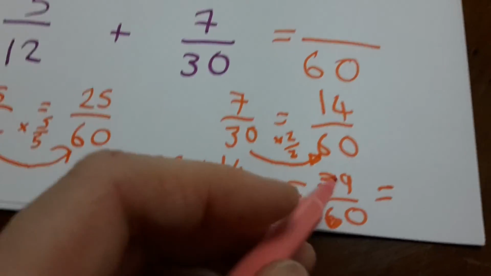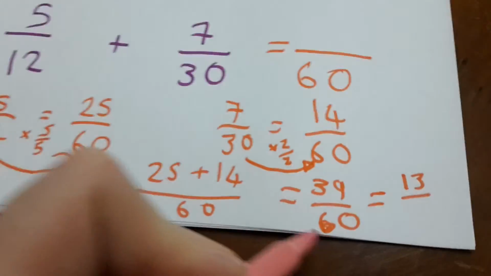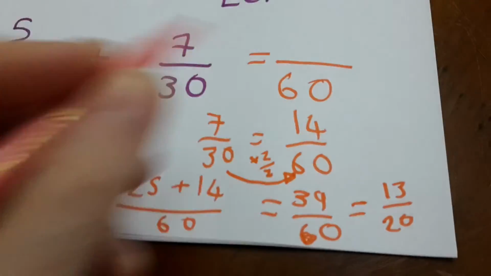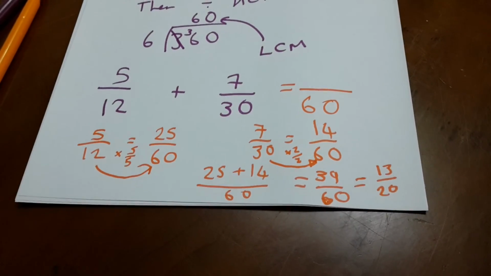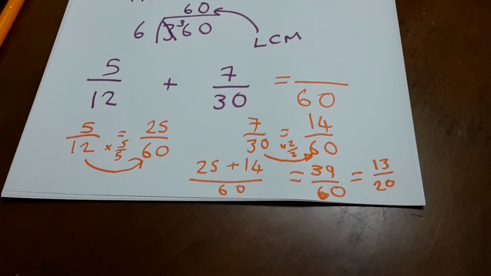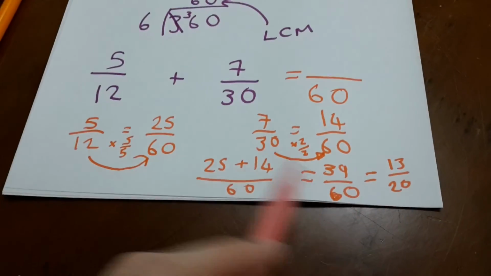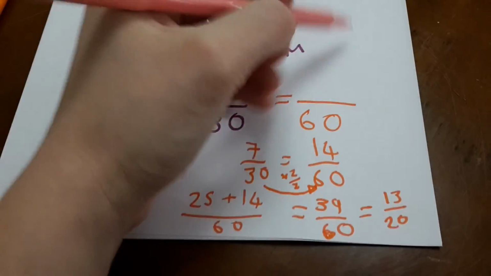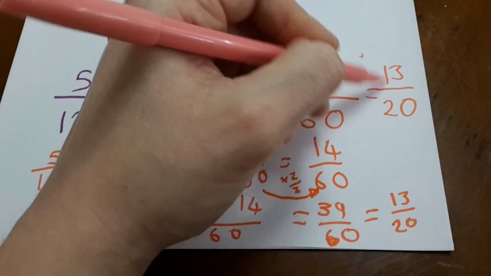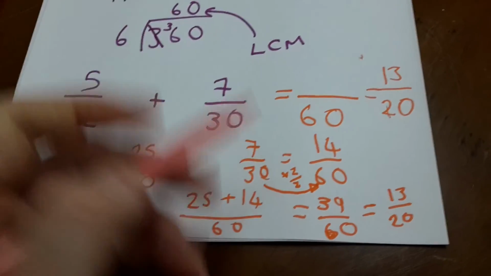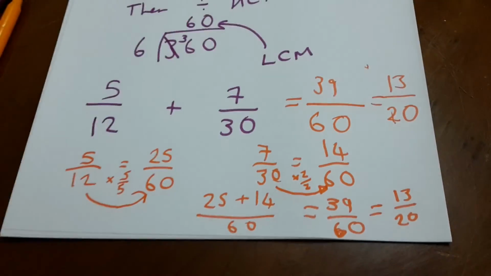So 39 divided by 3 is 13, and 60 divided by 3 is 20. So now I've very quickly made a very complicated question very simple, and I've simplified this sum down to its most simplistic form, which is 13 over 20 rather than the 39 over 60 I originally had.